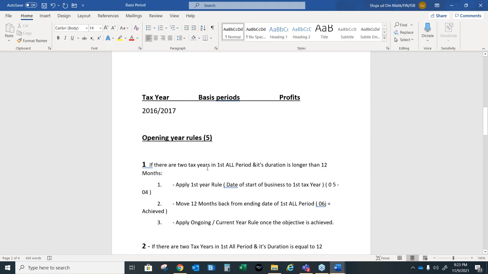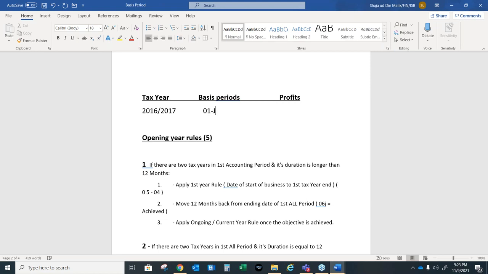If there are two tax years in the first accounting period and its duration is longer than 12 months, it is more than 12 months, so we will be applying the first year rule. That is, we take the date of start of business to the first tax year end, that is 5th April. So in this case, what is the date of start of business for me?